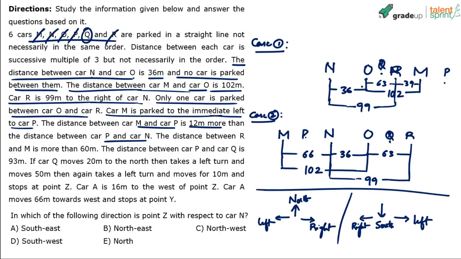No. But what we know is the distance between M and P. See, if you look at case 1, let's assume the distance between M and P is X. According to the data, the distance between MP is 12 more than the distance between P and N. So according to case 1, X, the distance between M and P, is 12 more than the distance between P and N. Now find out the distance between P and N. How much will be the total distance between P and N?